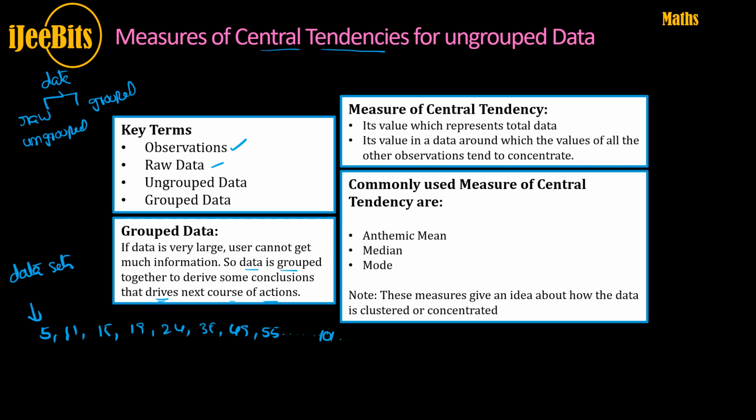Having said that we know grouped and ungrouped data, let's talk about what a measure of central tendency means. Central means there is a value in the middle, probably, that represents the total given data set.